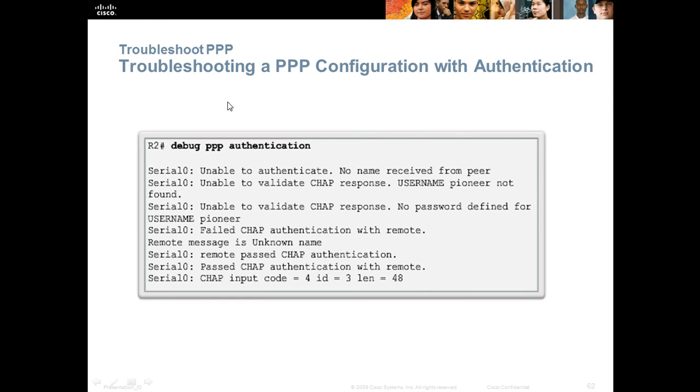This is how we give a troubleshooting command on a router configured with PPP authentication: debug ppp authentication, and you can read the various messages, which give you complete information on whether the password is configured properly or router 2 is unable to validate the CHAP response for any reason.